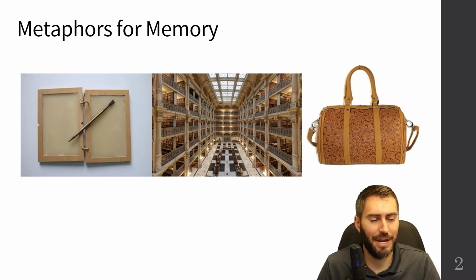And while these different metaphors might be good to start off thinking about memory, we find they start to really break down when we start investigating how memory really works and studying it from a psychological or scientific perspective. And so we're going to see that here as we go through this chapter.